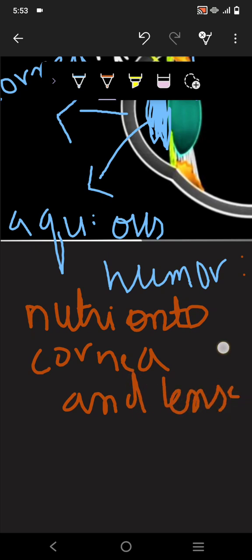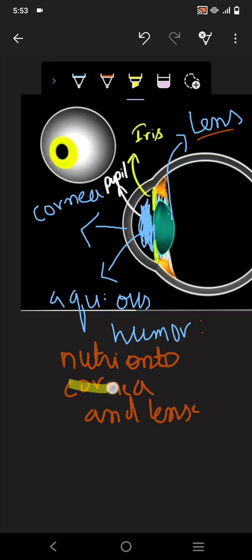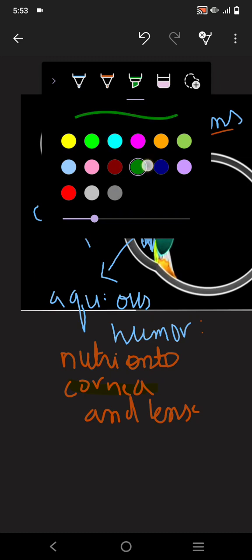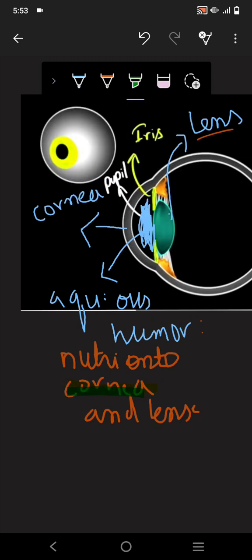Let me highlight it. It's not visible. Yes, it provides the nutrition to the cornea and lens. I hope that is clear.